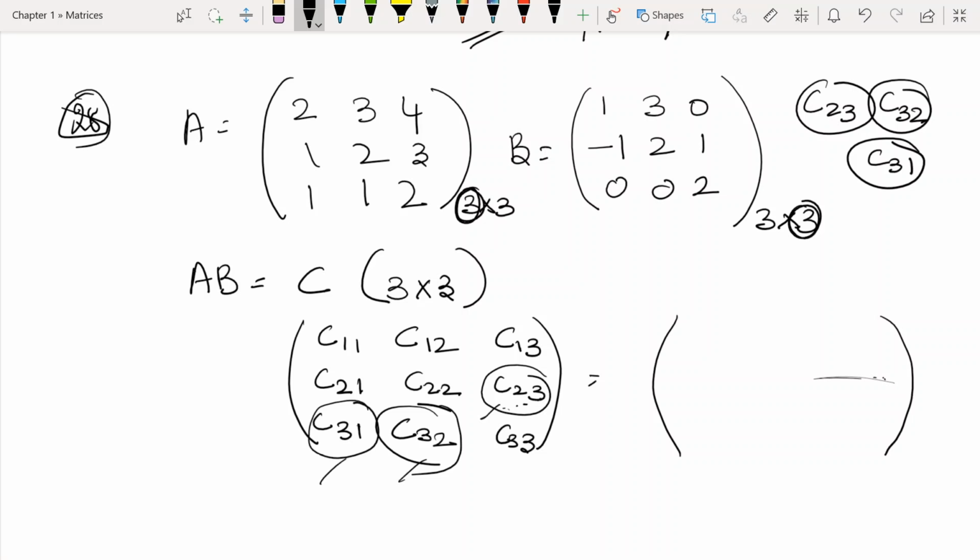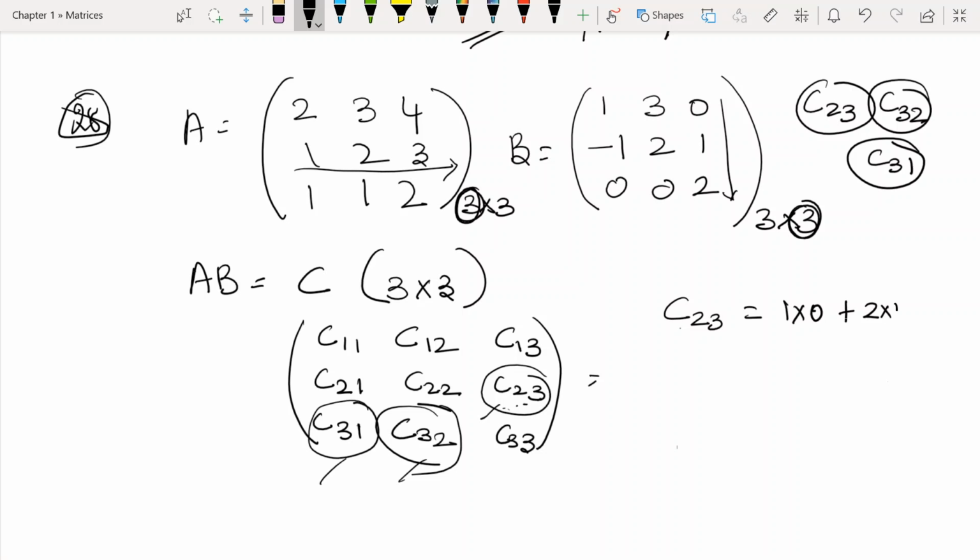How are you going to find C23? C23 is second row multiplied with the third column. That is, let me write here, C23 will be, I'm not going to put this bracket. C23 is nothing but the second row with the third column. Second row is 1 into 0 plus 2 into 1 plus 3 into 2.